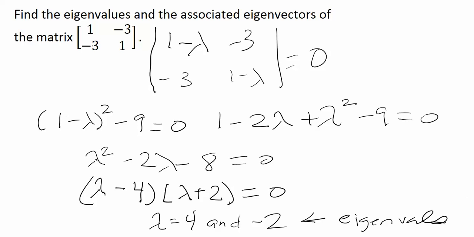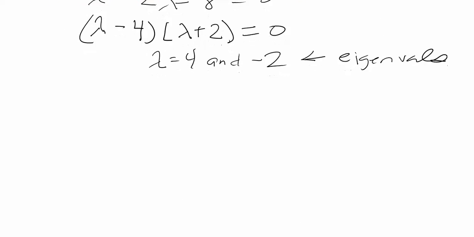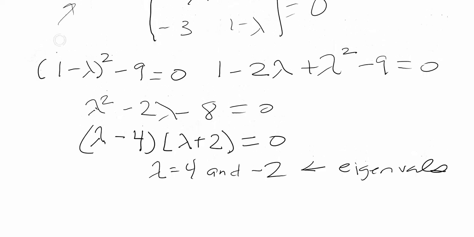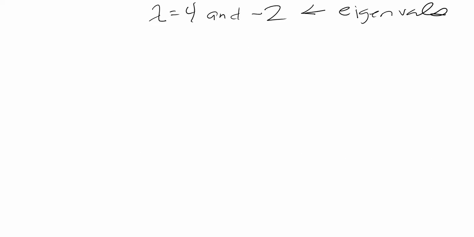To do this, we're going to need to go back to our original matrix, and now we're going to have to subtract the eigenvalues off each diagonal term and solve a system of equations. So I'll need some room. So we'll start out with the first eigenvalue, lambda equals 4.